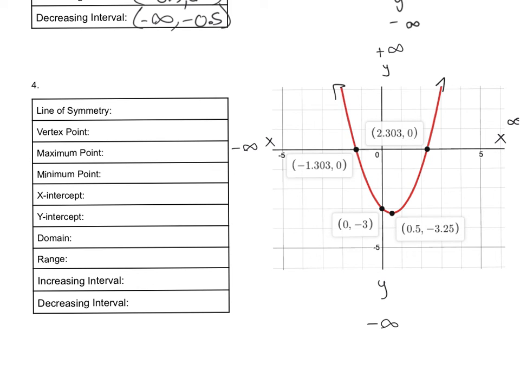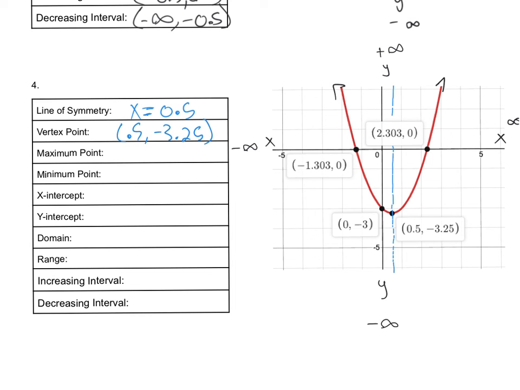So again, the line of symmetry, once again, is that vertical line there at the vertex. So in this case, we have the vertical line at positive 0.5. Our vertex is 0.5, negative 3.25.